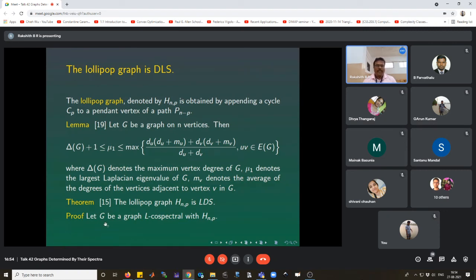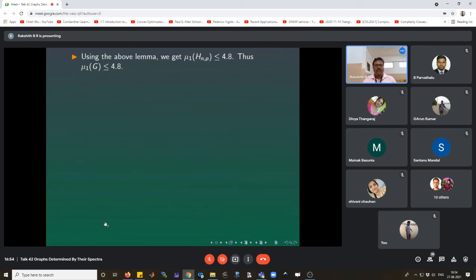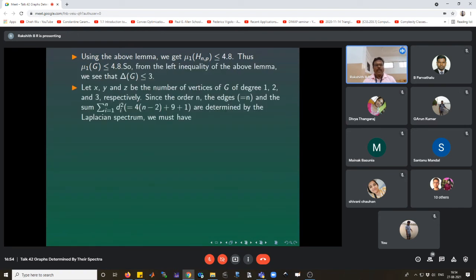So it can have degree 1, 2, and 3. Let x, y, and z be the number of vertices of G of degree 1, 2, and 3 respectively.